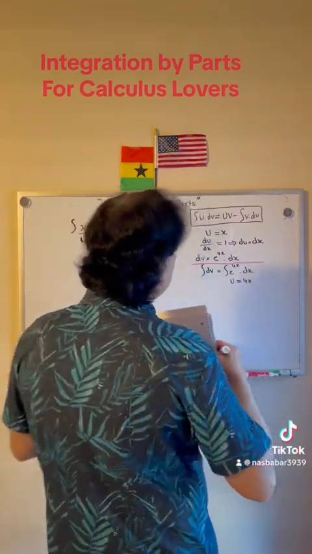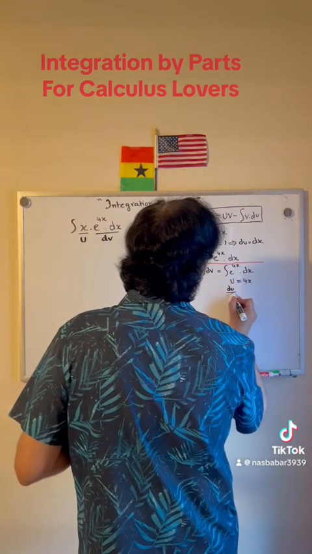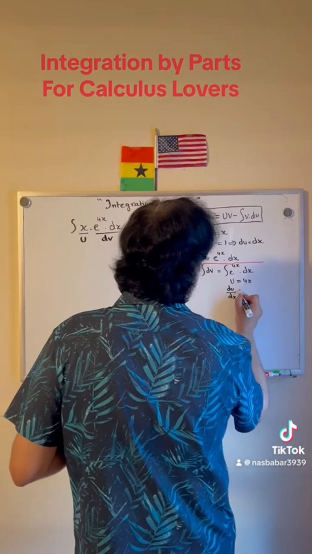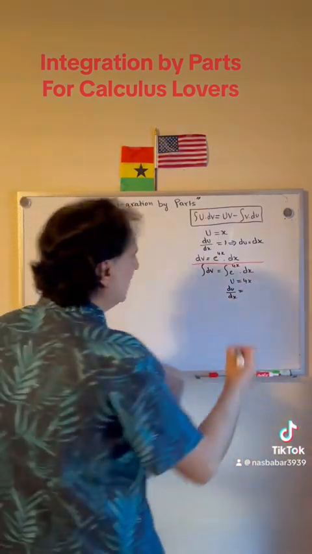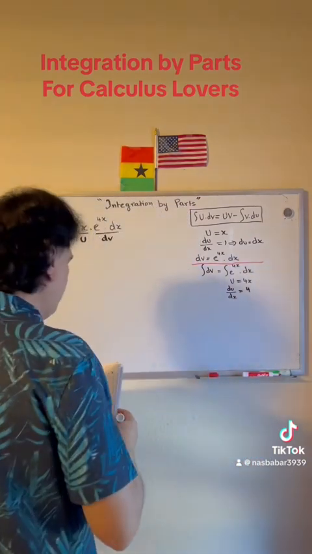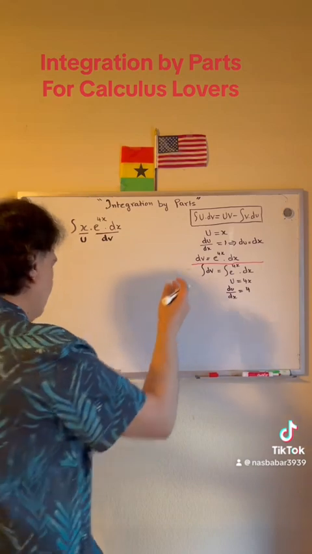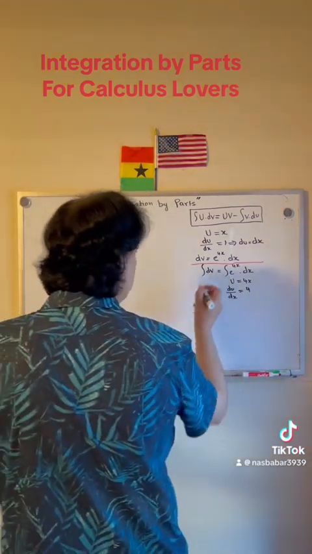Then take the derivative of u with respect to x. What is that going to be? Just 4. So we take the integral of both sides.